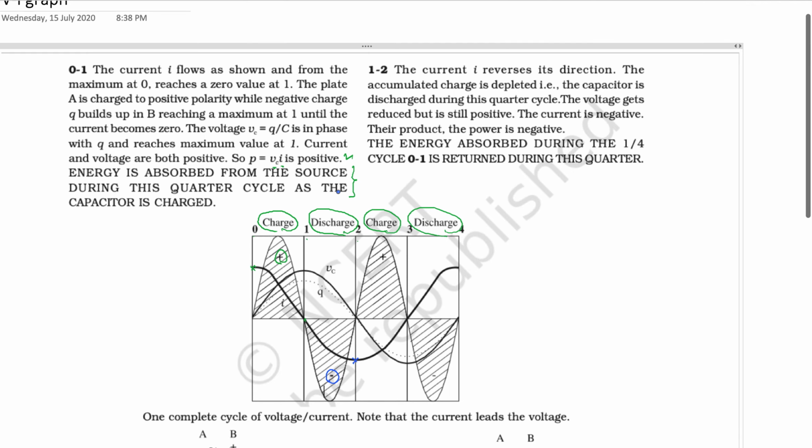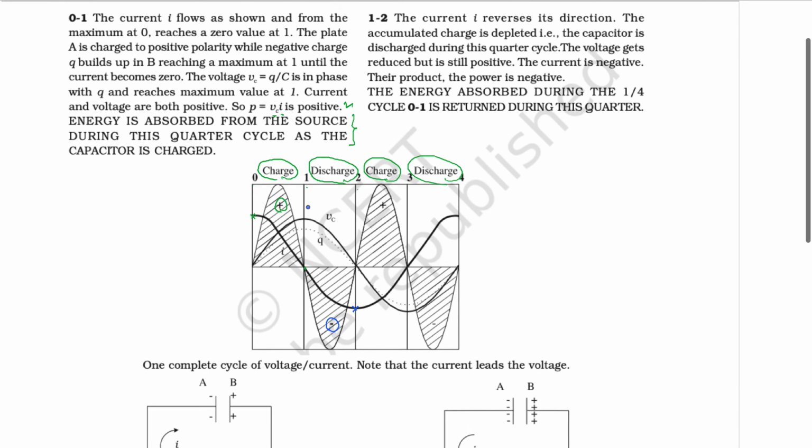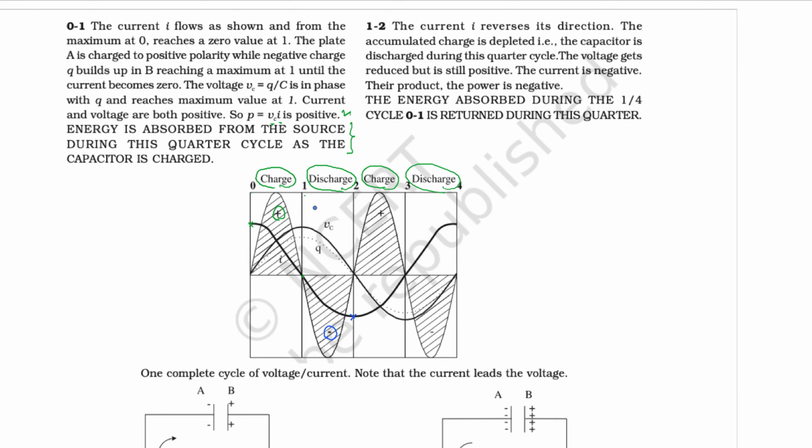This is shown in the figure also. Basically it is shown in the figure like this. So this part of the process looks like this. This is the discharging process. It could be shown like this, and the current will flow like this.